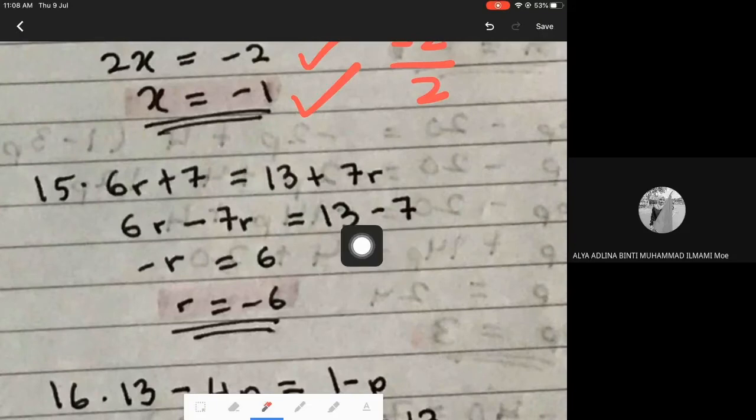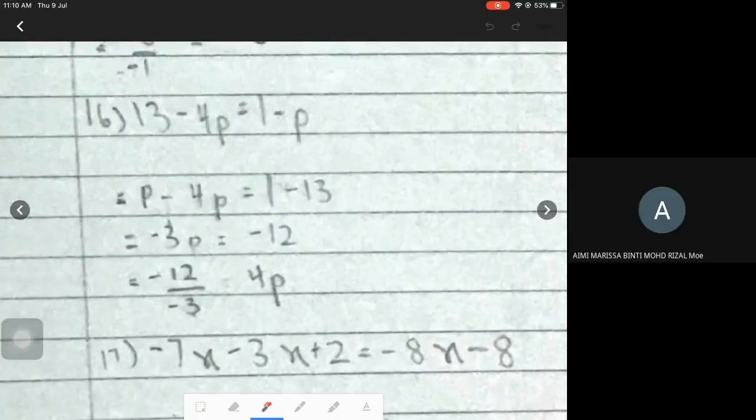So 13 minus 7 is 6. 6R minus 7R is negative 1R or negative R. So you divide or you multiply negative 1. Sini jadi positive. So you multiply also negative 1, here becomes negative 6. Okay, correct. Everything's correct. Okay. This is number 15. Okay, number 16.